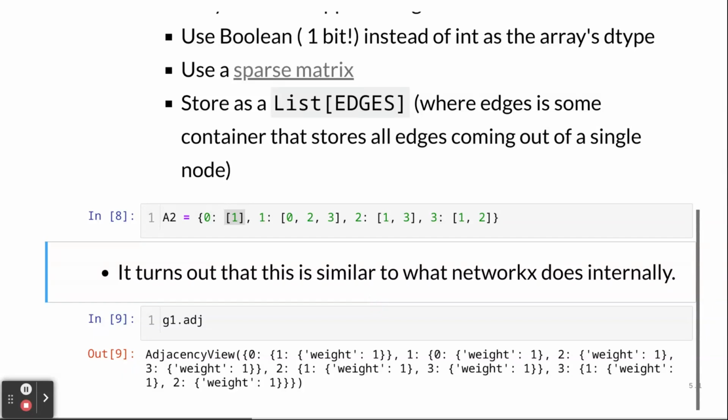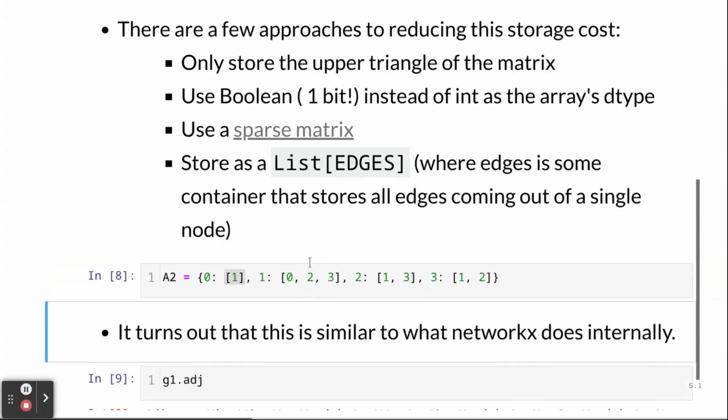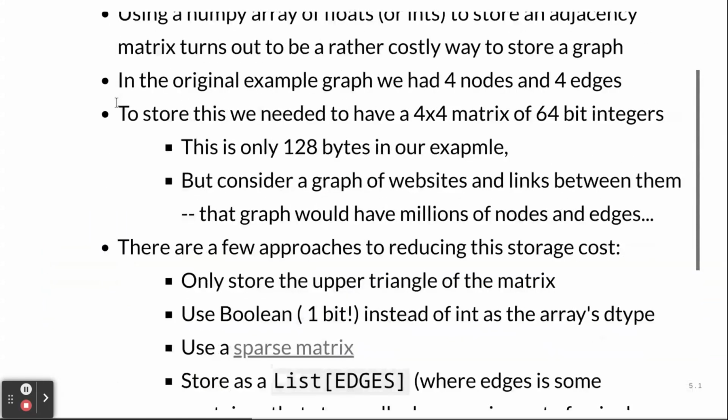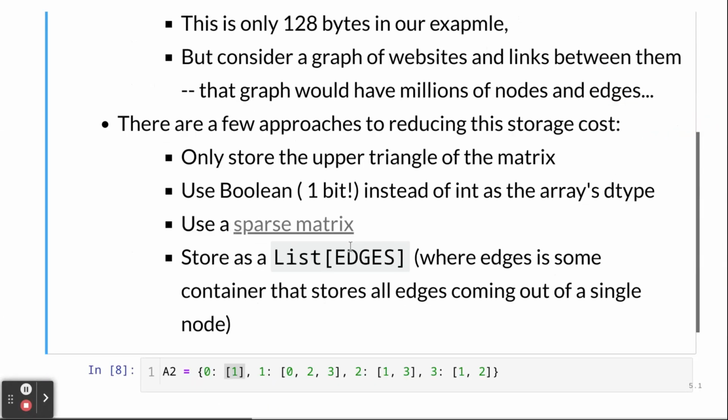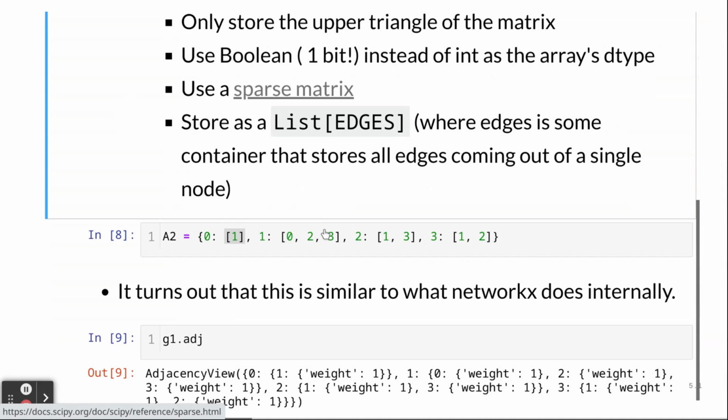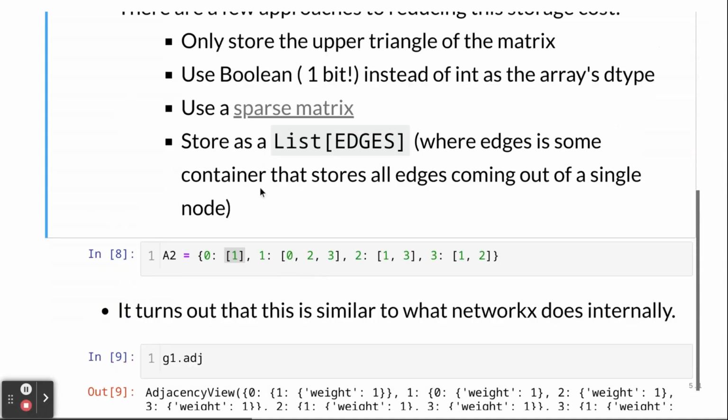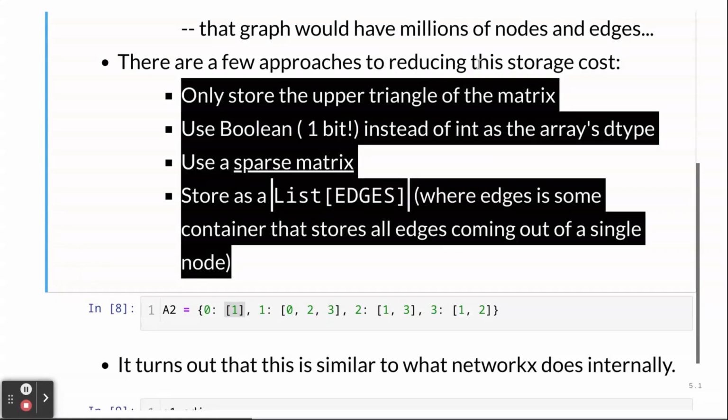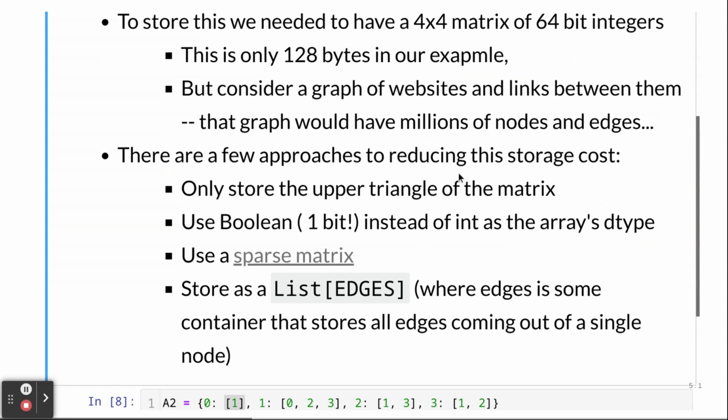Now, we haven't learned about that yet. We will in a future lecture. But for now, what we'll take away here is that as the size of our graphs or networks grows, we need to be a bit more deliberate in how we think about storing them. And so these are all possible ways that we might be more efficient in storing them rather than using that whole matrix.